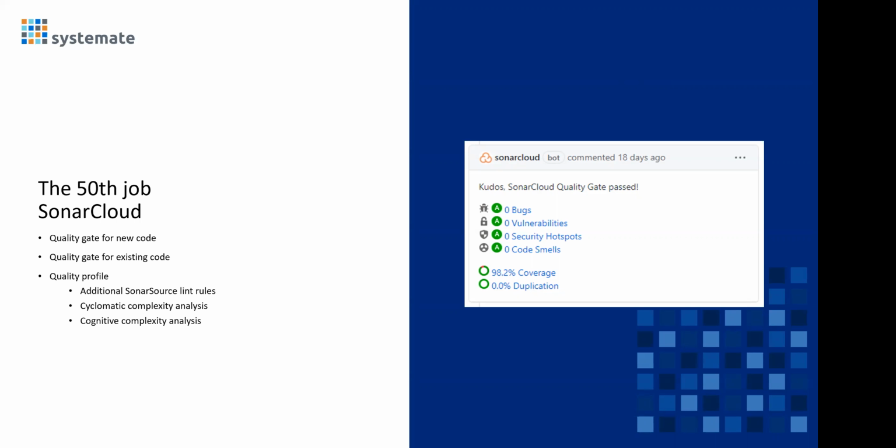So we can set up quality gates for new code and for the existing code. And each quality gate can be associated with what they call a quality profile that provides additional lint rules maintained by Sonar source, metrics called cyclomatic complexity and cognitive complexity analysis.